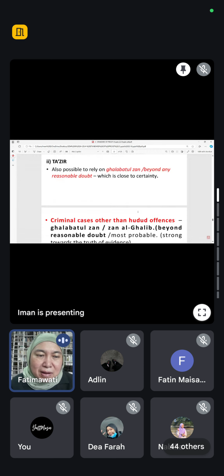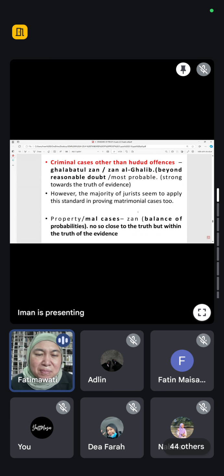Okay, finally we have, so dekat sini you nampak conclusion dia, senang je. Kalau criminal cases other than hudud offences, which is ghalabatu zon al-ghalib, it is beyond reasonable doubt. Okay, dia ada strong towards the truth of evidence.